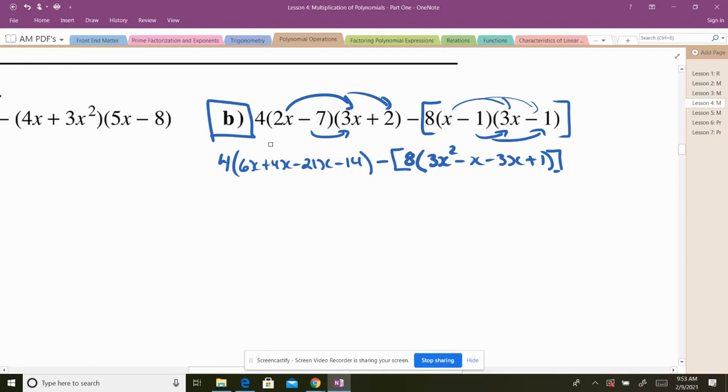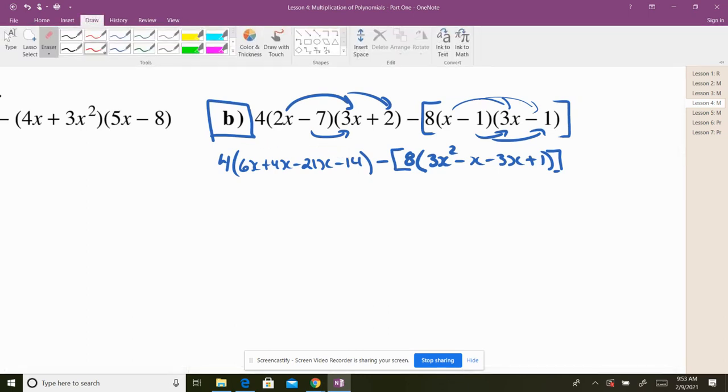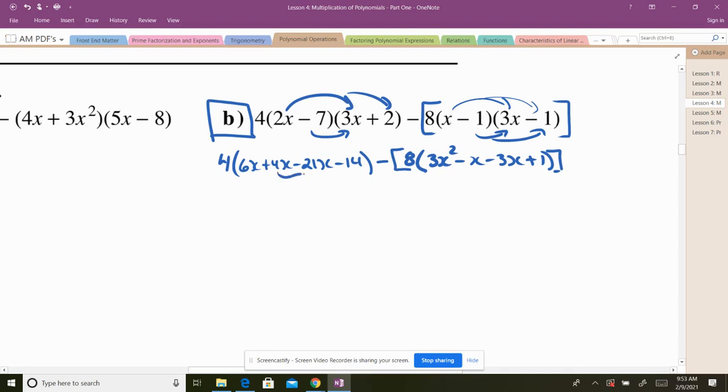So what combines in the bracket? Yeah, that's 6x squared, right? 6x squared, the squared on it. So 4x and negative 21x, what does that become? Negative 17x.